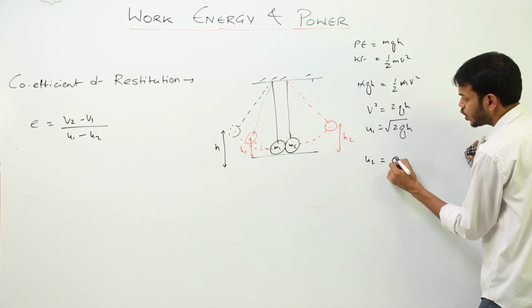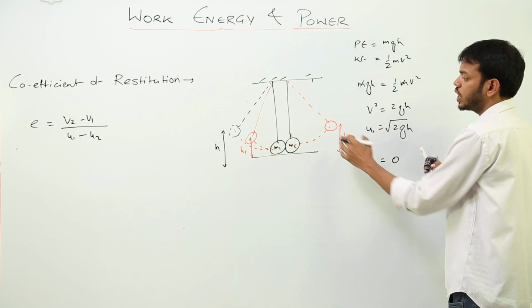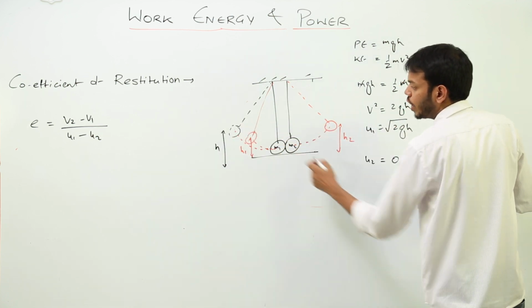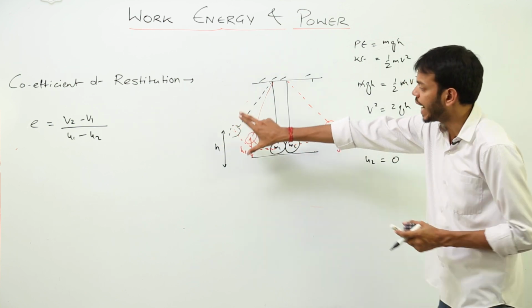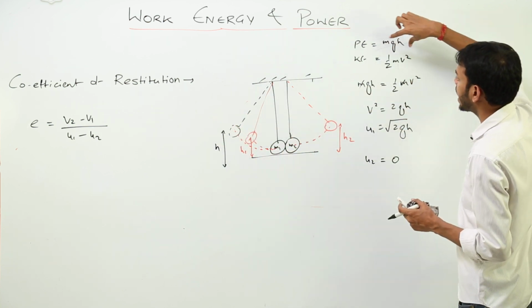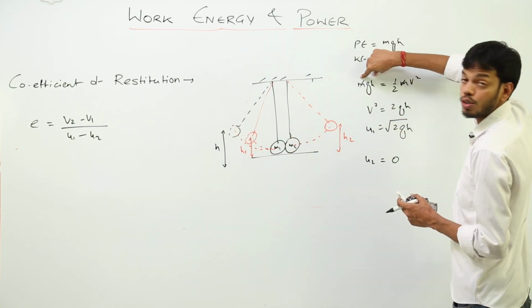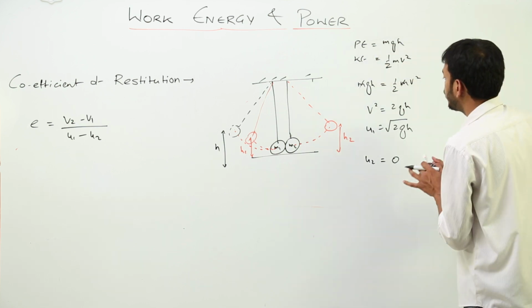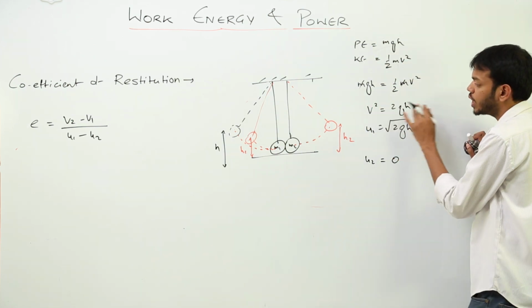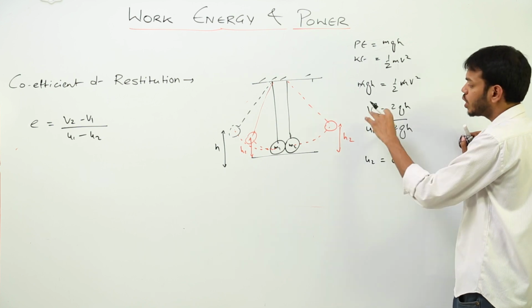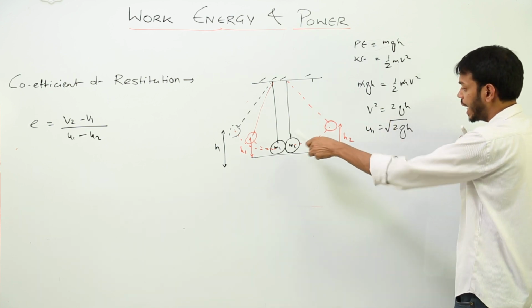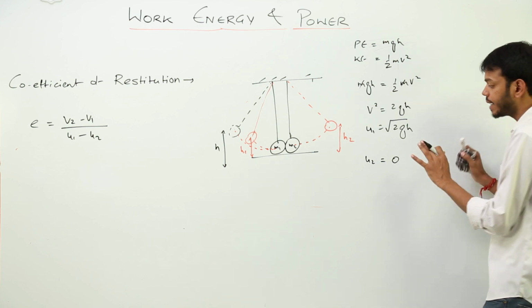So u2 is equal to 0, and u1 is the velocity gained by this body after falling from the height h. If it is at height h, the energy mgh is converted into kinetic energy, and you get v square equal to 2gh, or v equal to under root 2gh. So u1 is equal to under root 2gh, right?